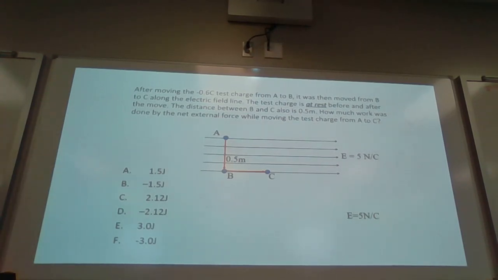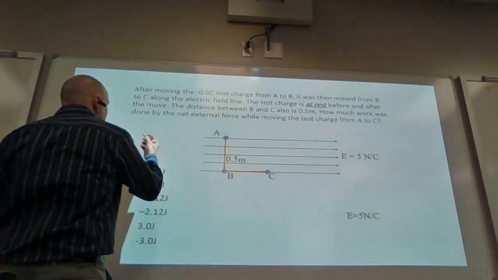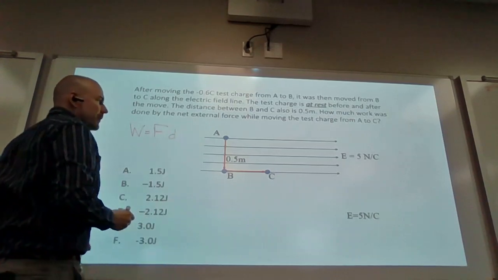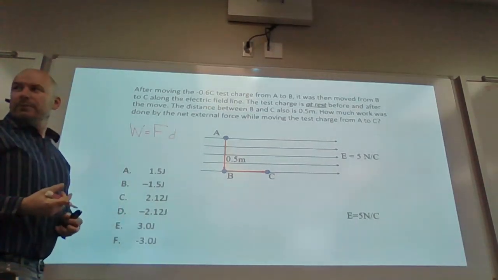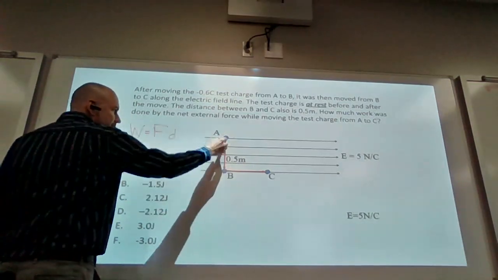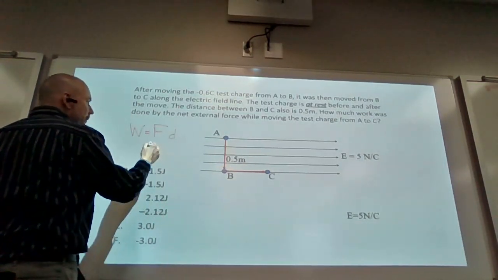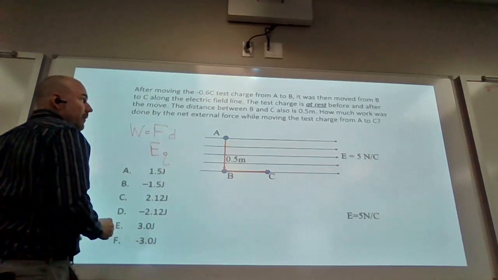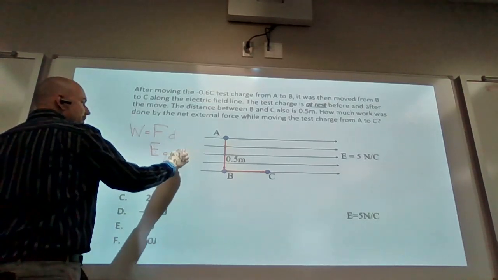This is just how my brain processes this one. It's a constant force, a constant field, so it's force times distance. I just care about from B to C because this is 0. So that's electric field times the charge times the distance.